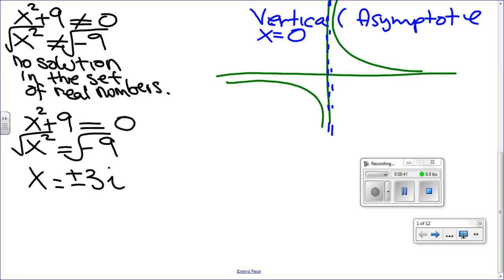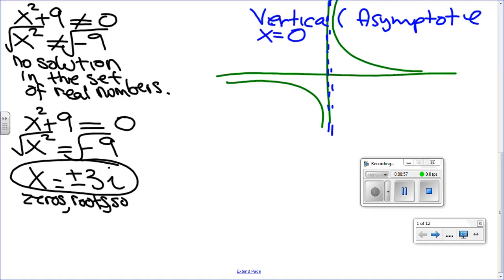Very good, because every time you have a zero that is imaginary, you have its conjugate pair. However, we know that for this type of zeros or roots or solutions, those are not x-intercepts, right? You guys know that, correct?